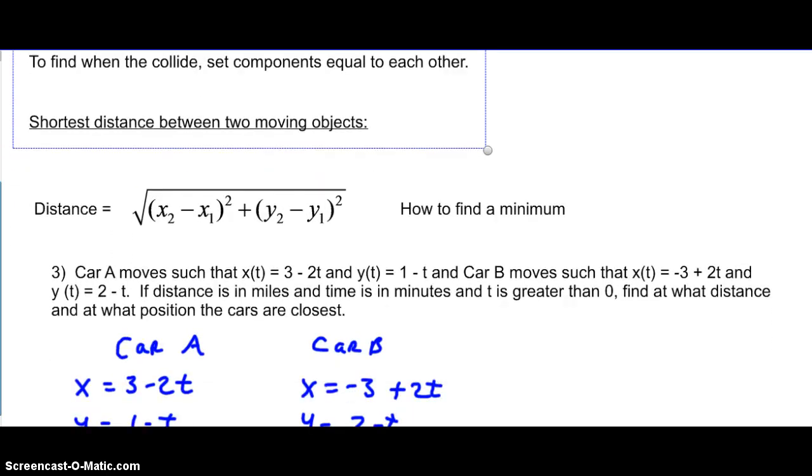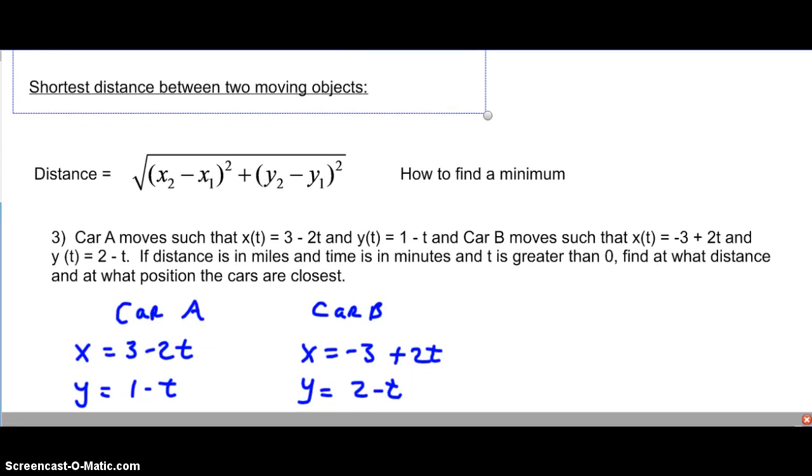So our example for car A and car B is asking us to find when the cars are closest. It gives us our parametric equations for car A and car B, and they want to find the closest distance. So go ahead and plug into your distance formula and then check back with me.